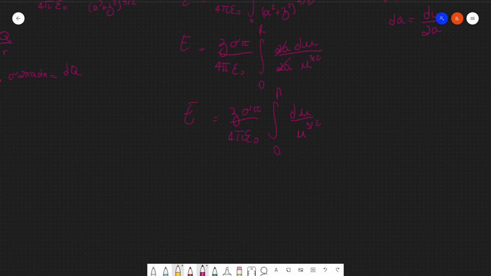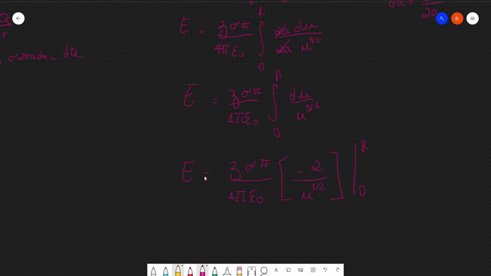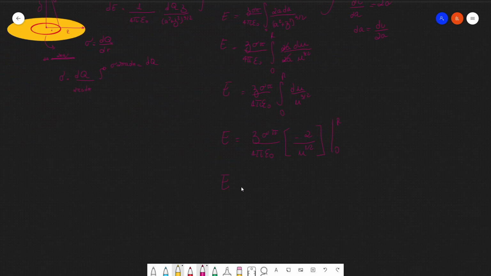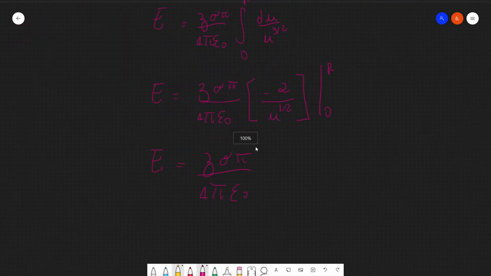I don't even know if it changed, but anyway, if you do this integral, we're going to find that E equals Z sigma pi over 4 pi epsilon-0, and then this is just going to be minus 2 over u to the power of half, and then you evaluate it from 0 to R, and then we can substitute u now. E equals Z sigma pi over 4 pi epsilon-0, and then this is going to be minus 2 over u, which is A, right?